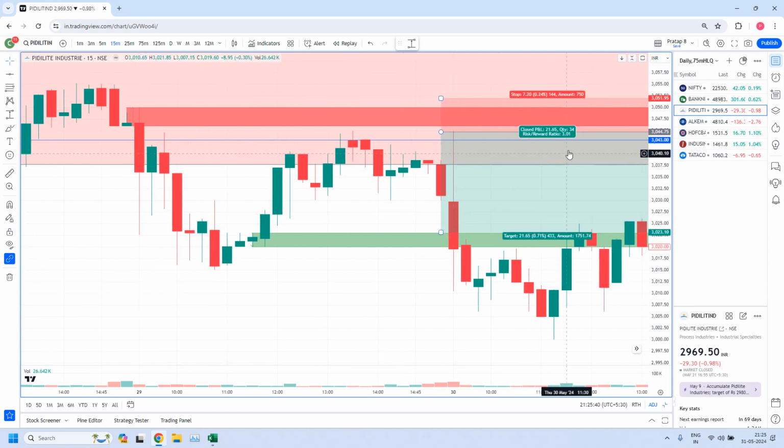Even with that wick to wick target, we achieved 1:3 RR, sorry for my mistake, and we got the entry 15 paisa before the high of this price. It could have been a successful trade for you yesterday.